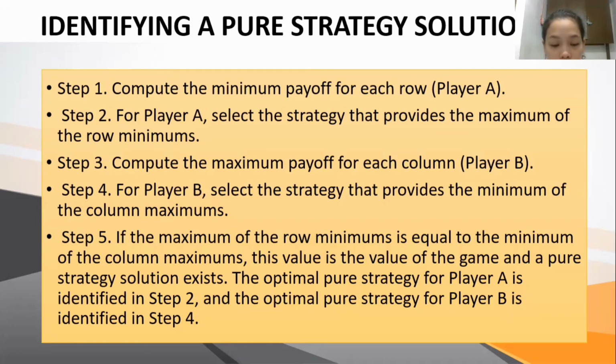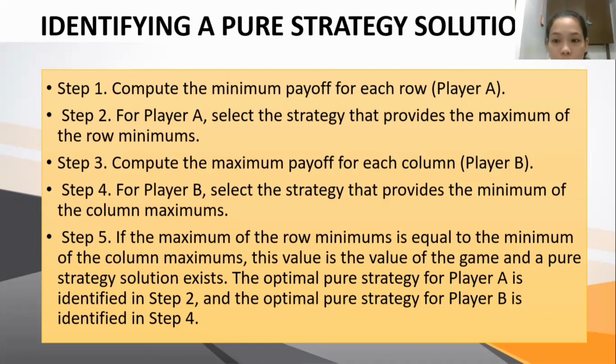Step 5, if the maximum of the row minimums is equal to the minimum of the column maximums, this value is the value of the game and a pure strategy solution exists. The optimal pure strategy for player A is identified in step 2, and for player B in step 4.